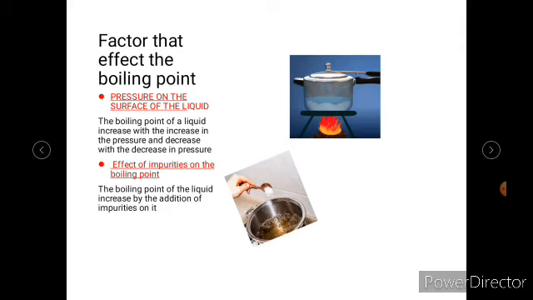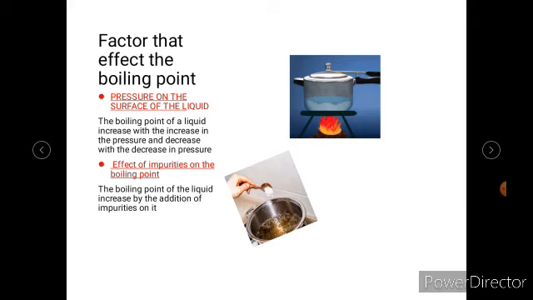That is why in the normal case, when we boil water at normal atmospheric pressure, water boils at 100 degrees C. But if we boil water using a pressure cooker, it boils at 120 to 125 degrees C. This means that with an increase in pressure, there is an increase in the boiling point also.